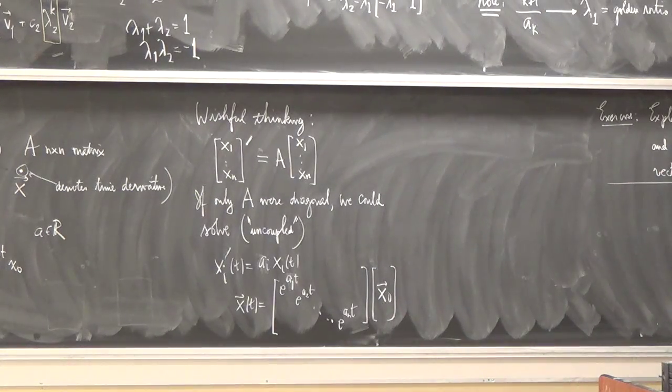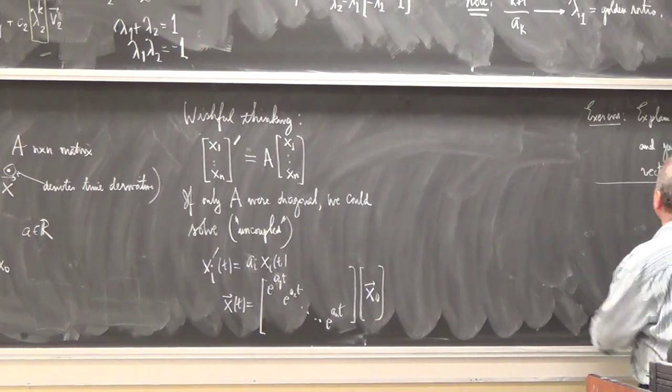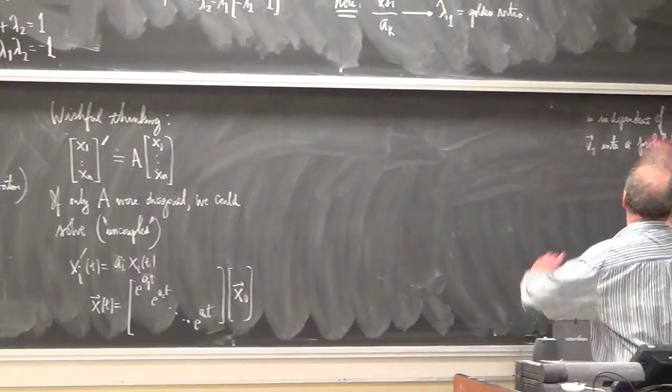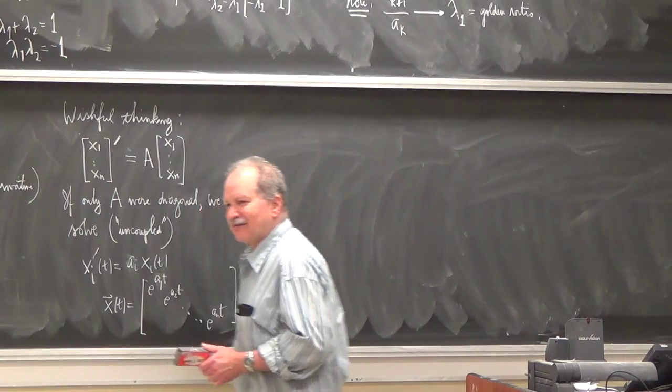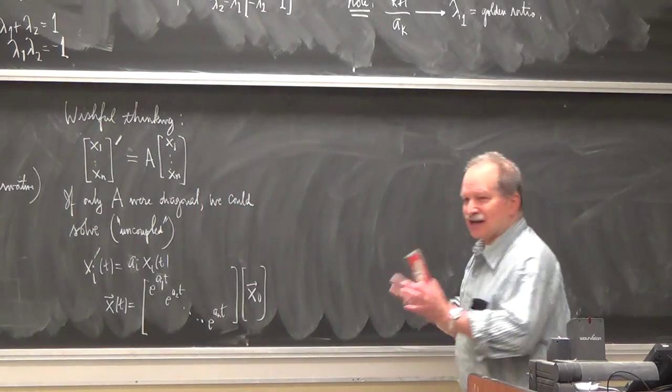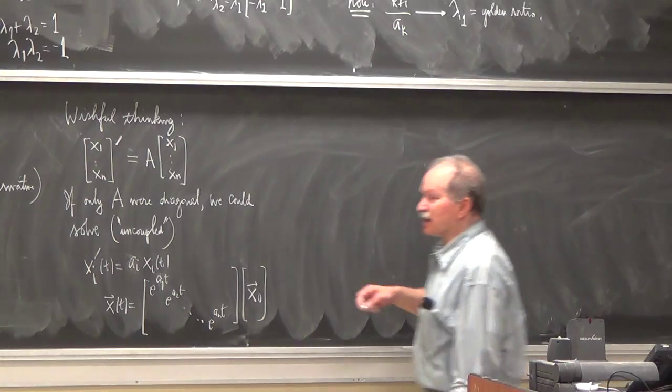So what do you say to yourself now? Let's diagonalize. Do we know it's diagonalizable? If only all matrices were diagonalizable. All I'm going to talk about today is pretending everybody is.